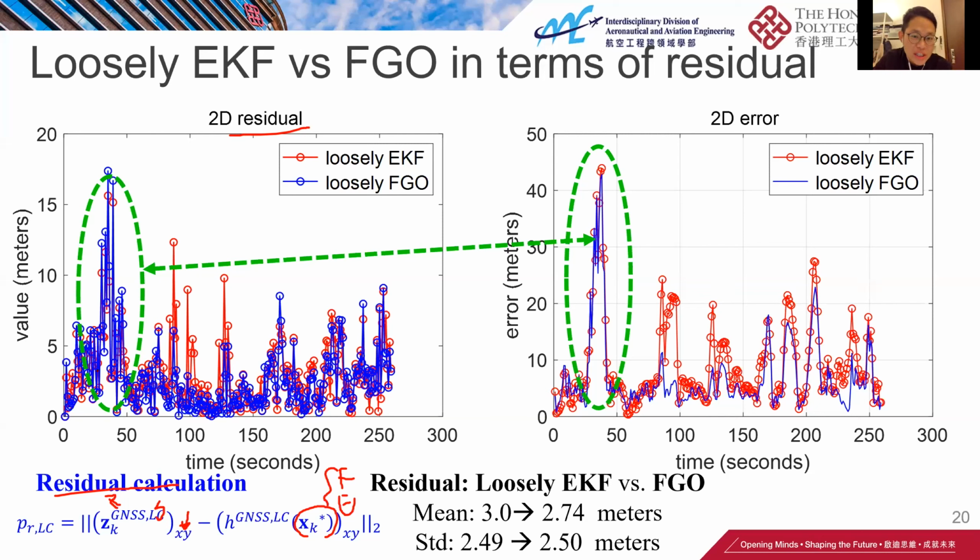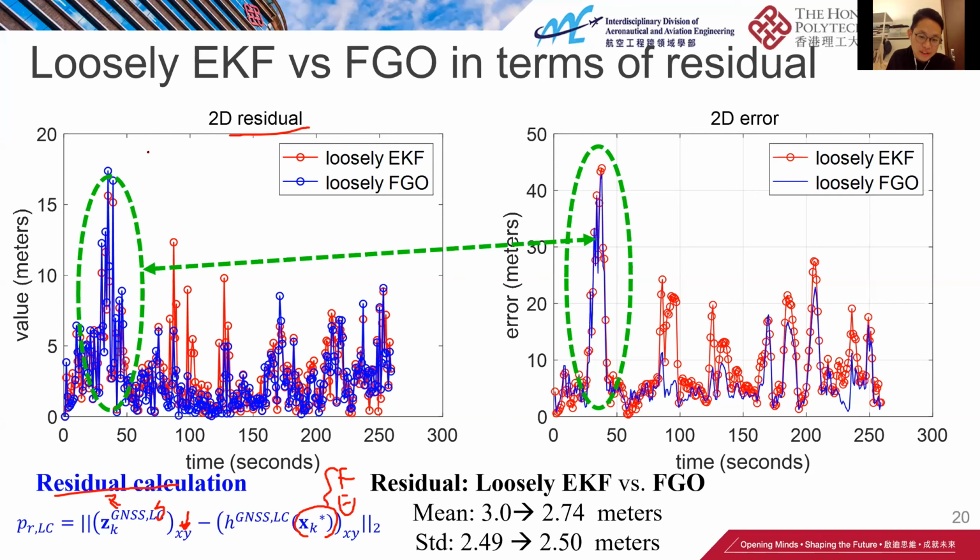It means that both EKF and FGO cannot find a subset of the state that satisfies the constraint, meaning the error factors that we listed in the FGO formulations. So the performance is very limited for EKF and FGO in loosely coupled.